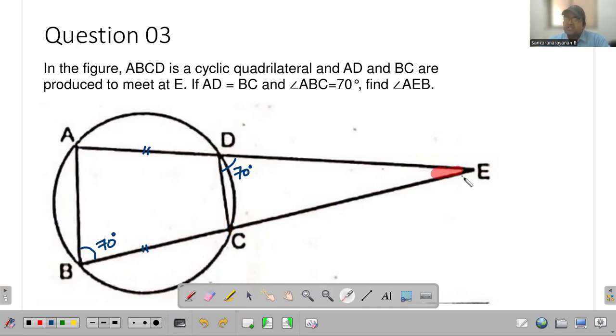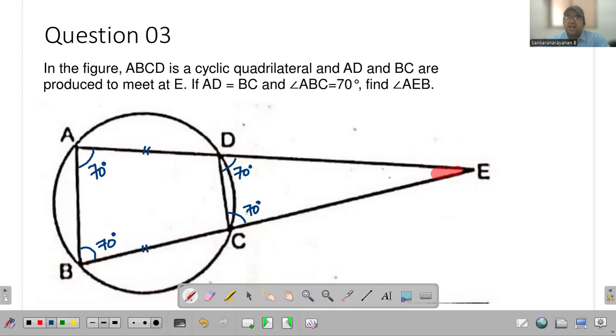So by that aspect, I can infer that EA and EB will be equal. You got it? So if this is 70 degrees, this also will be 70 degrees. In the same manner, this also will be 70 degrees. It will come like that only.